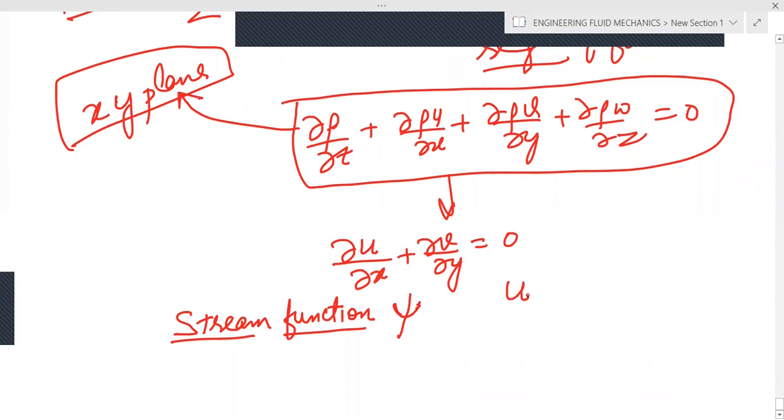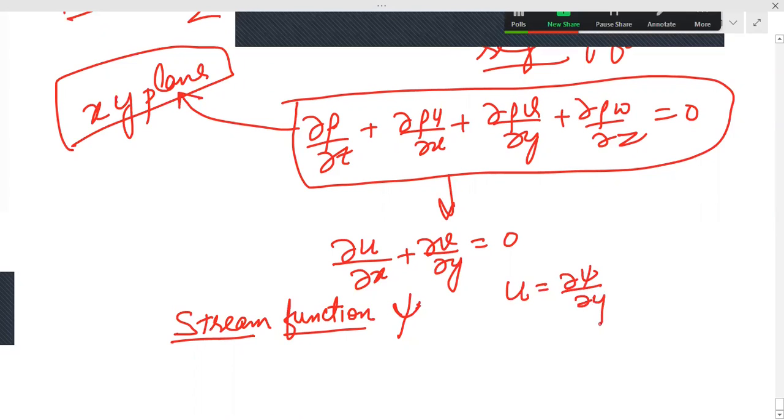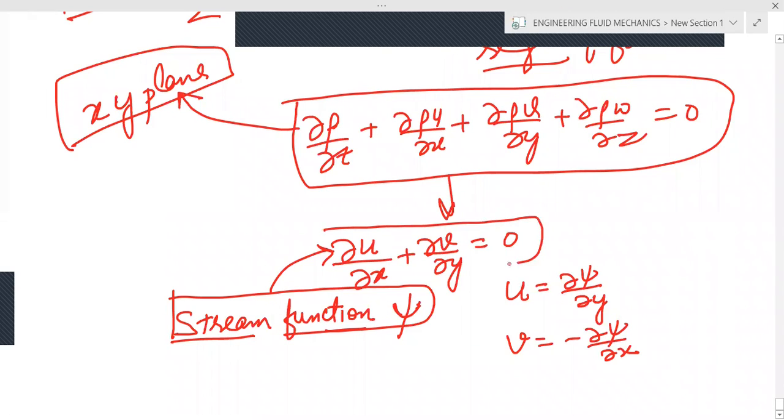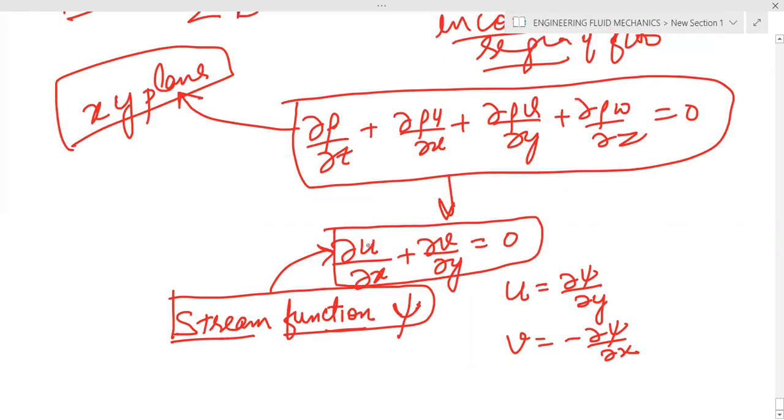And it is defined as u is equal to curly psi by curly y and v is equal to minus curly psi by curly x. So the very definition of stream function has come from continuity equation. We define a scalar function such that the continuity equation is actually valid. Now if you put u as this and v as this, will the answer come as 0 or not?